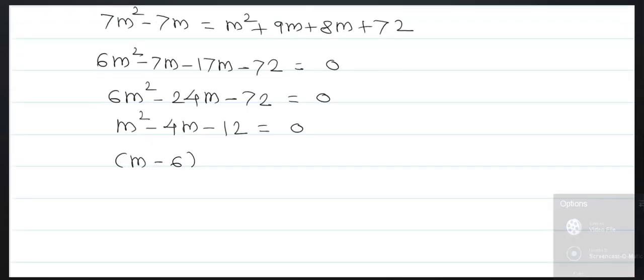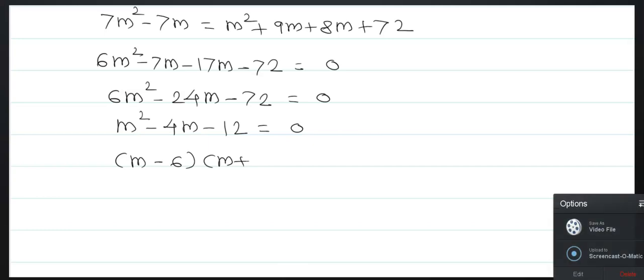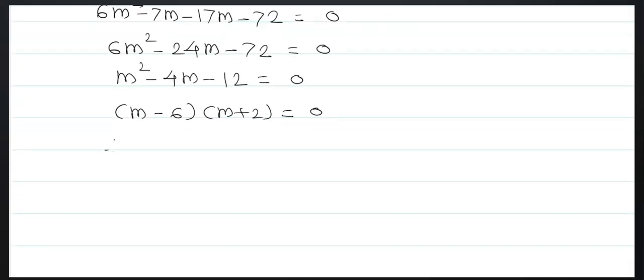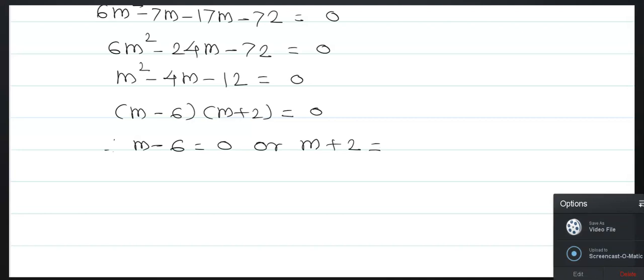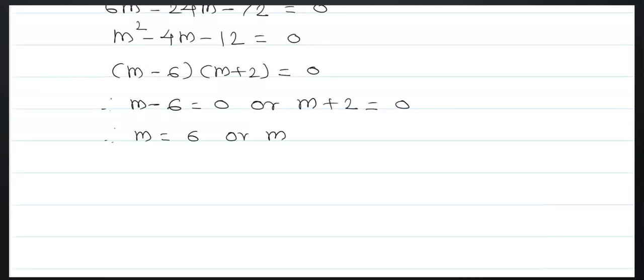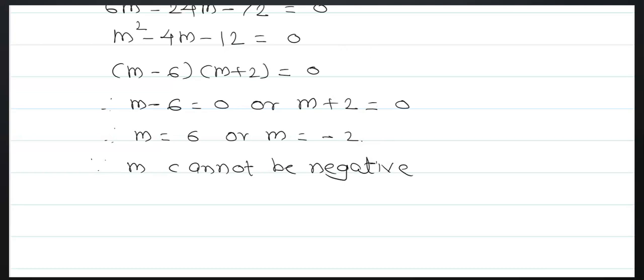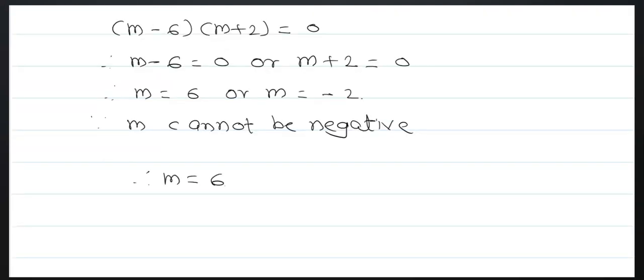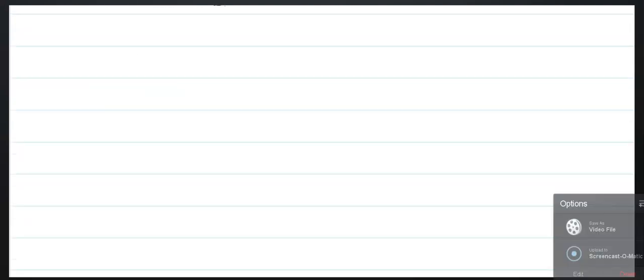And the factors are m minus 6, m plus 2. Therefore m is equal to 6 or m is equal to minus 2. But m is not a negative number, so it is positive. M cannot be negative. Therefore m is equal to 6.